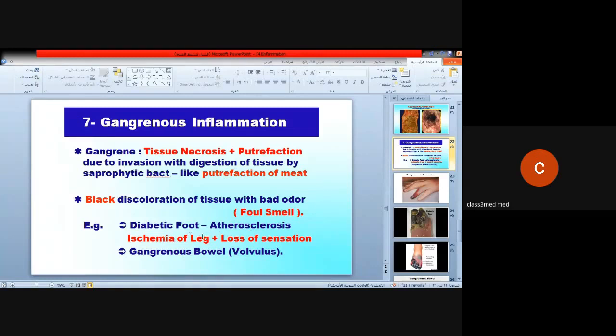In addition, the diabetic patient also has peripheral neuropathy with loss of sensation in the foot and lower leg.